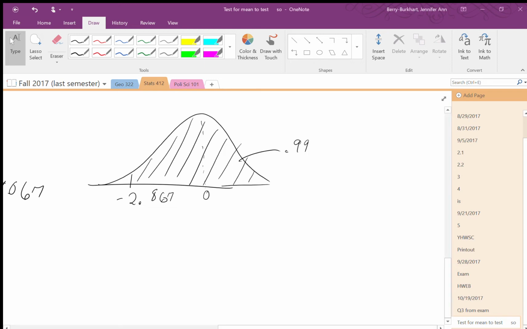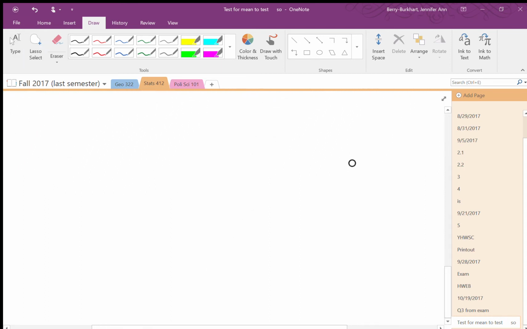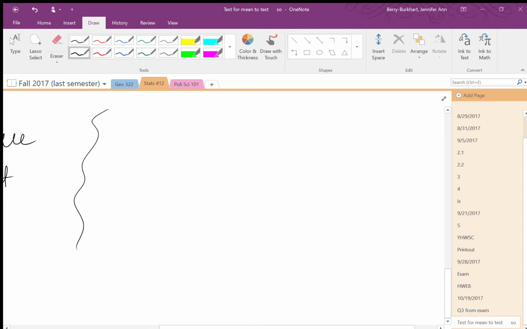The scenario we just did is if we have mu less than mu naught, and so then basically what I want to know is the p-value is equal to the probability of t being greater than (x bar minus mu naught) over (s over the square root of n), okay?